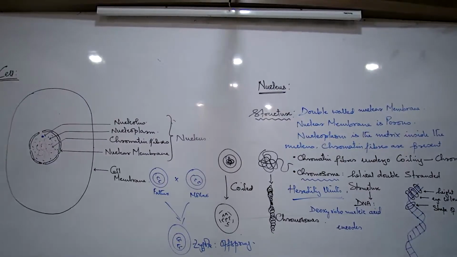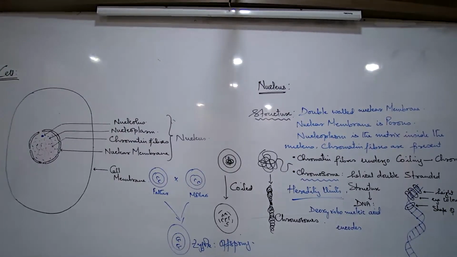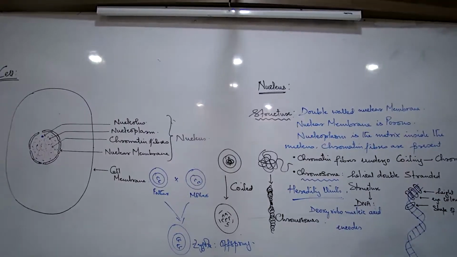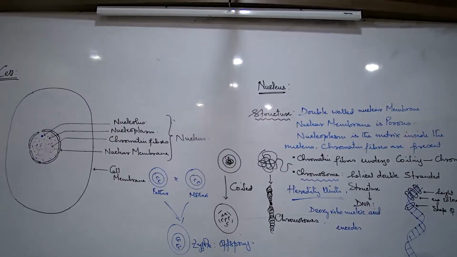Full stop. So when we are talking about why chromosomes are known as hereditary units, they pass on from one generation to the other, from the parents to the offspring.